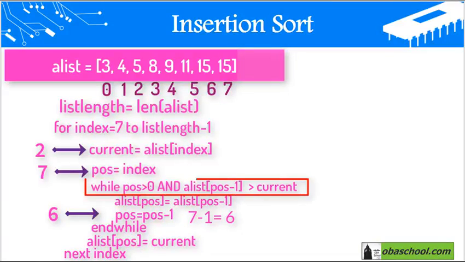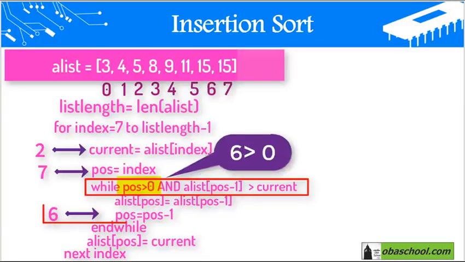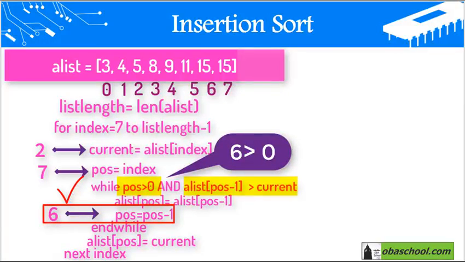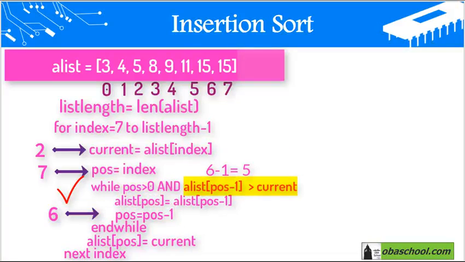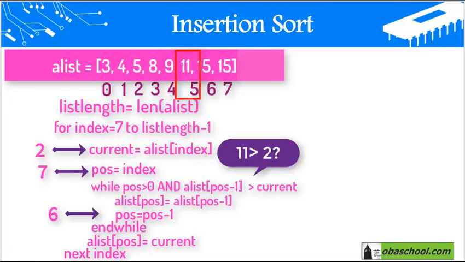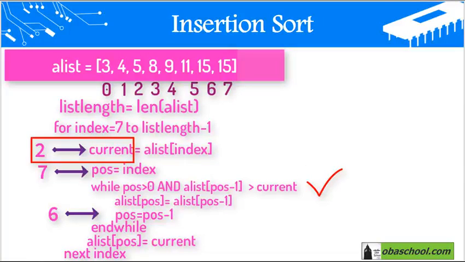We go to loop while 6, which is pose greater than 0, the condition is true, and a list pose minus 1, 6 minus 1 equal 5. What is the number found on index 5? It's 11. So is 11 greater than the current, that is 2? The condition is true. We enter the loop while to switch the numbers.